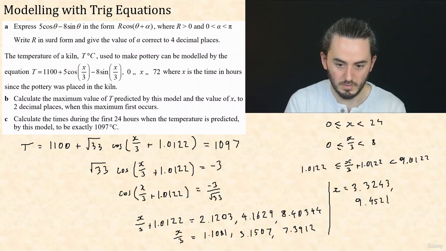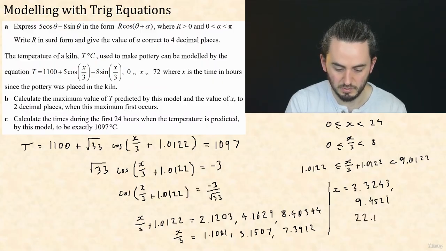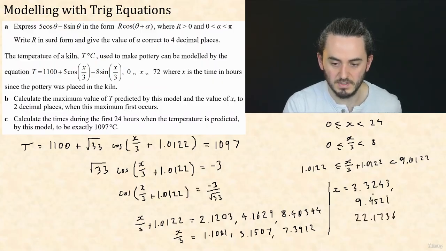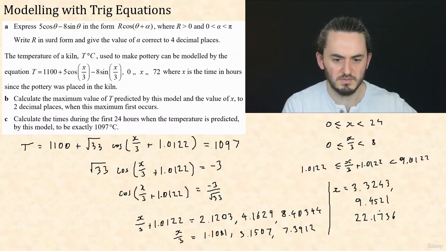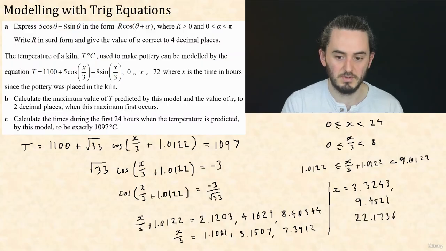And the final one, which was 7.3912, gives me 22.1736. So there are the times in hours. They don't say what decimal place, and it didn't say convert to the nearest minute or anything like that, so we can just leave them as decimal numbers of hours. So those are the times when it is 1097 degrees.